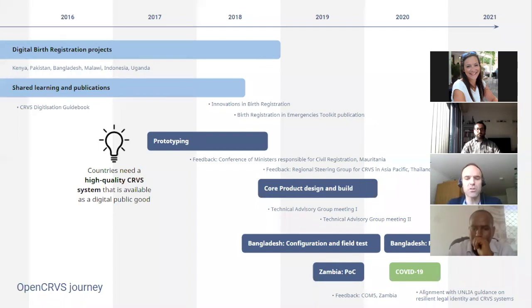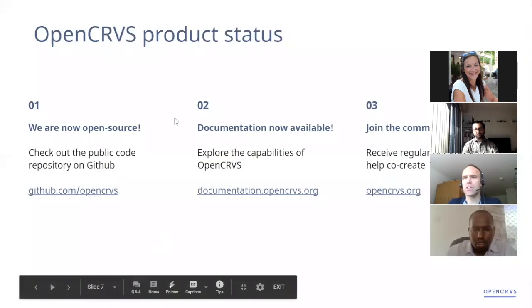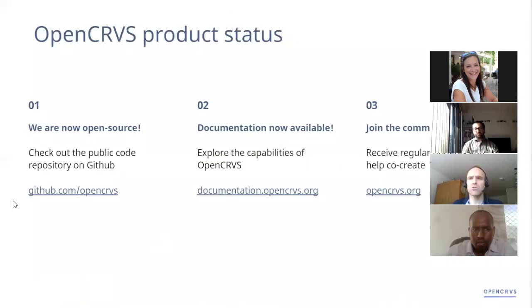And finally, just the box in green, more recently, unfortunately, we've been reflecting on and creating some guidance for how OpenCRVS could be configured to be resilient in times of COVID-19 or any pandemic. Next slide, please, Anina. Thank you. So we've reached this moment now, which we're really proud of.